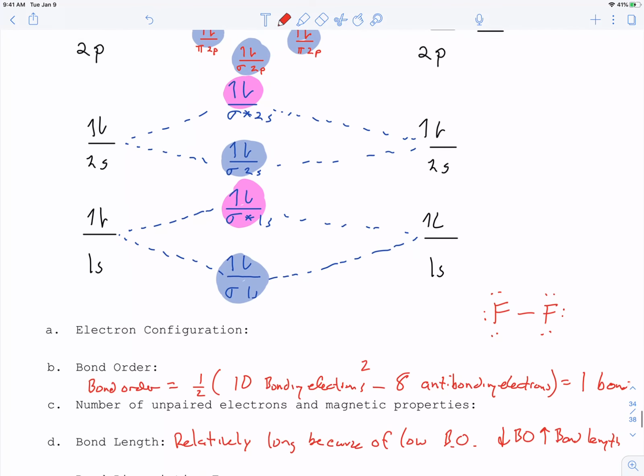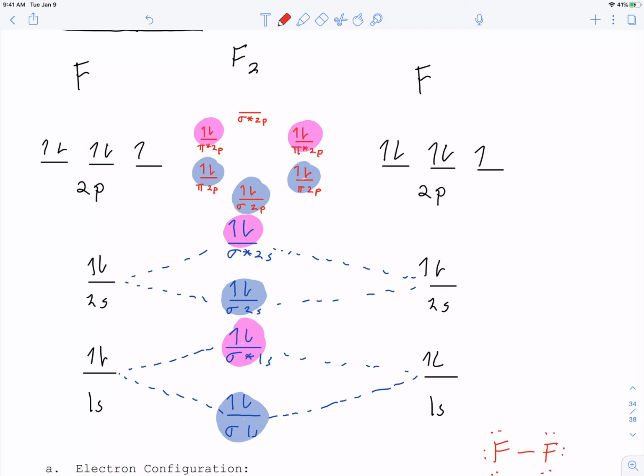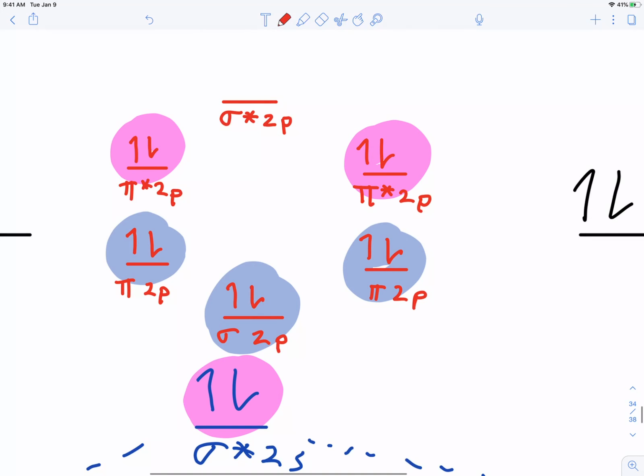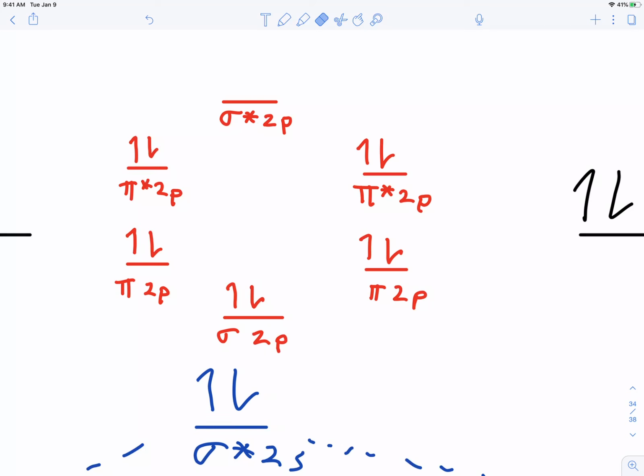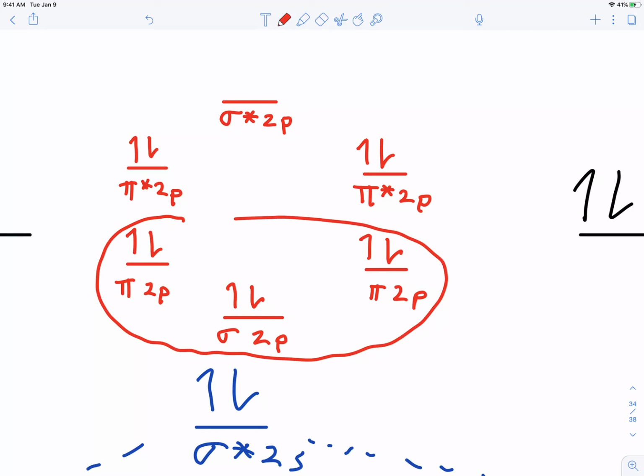Okay, so now let's go back up here to this issue right here. So what we want to pay attention to is the order that I have for these orbitals. Okay, those are the tricky ones.